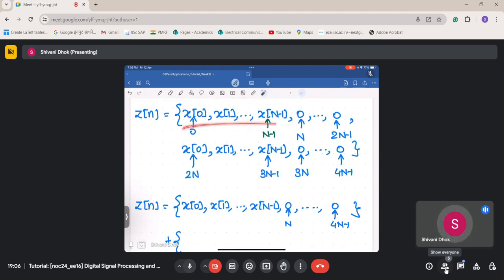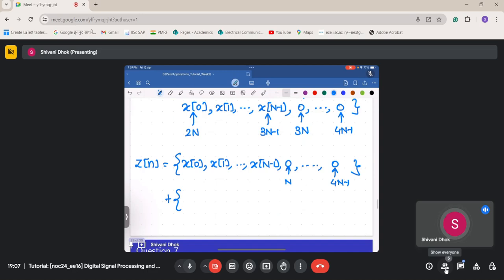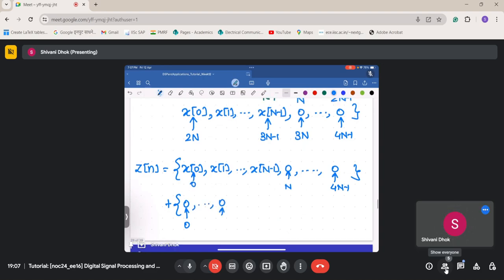So I have already added this part, so now this part should go to 0, and from n equal to 2N to 3N minus 1, it should be a non-zero quantity. So I can write this as 0, this is at 0, and so on 0, this is at 2N minus 1.